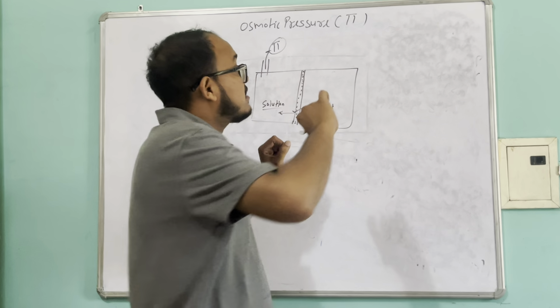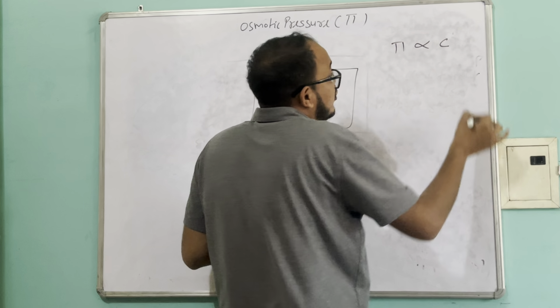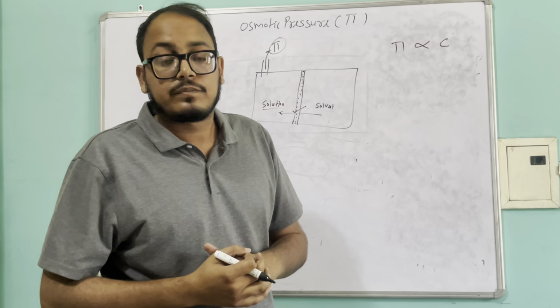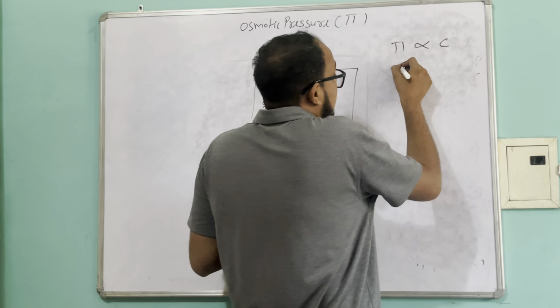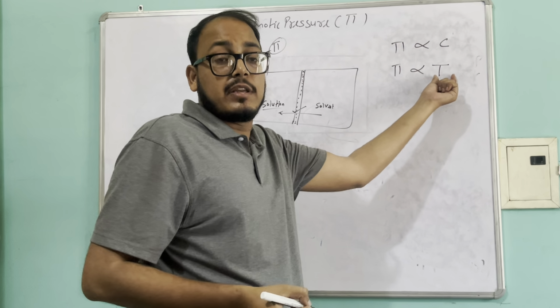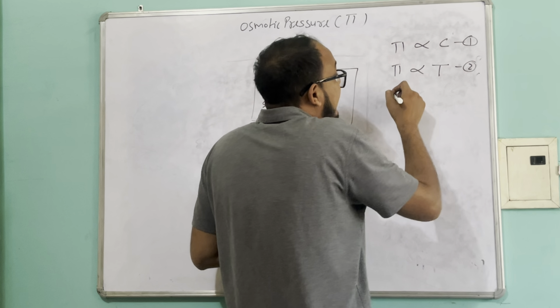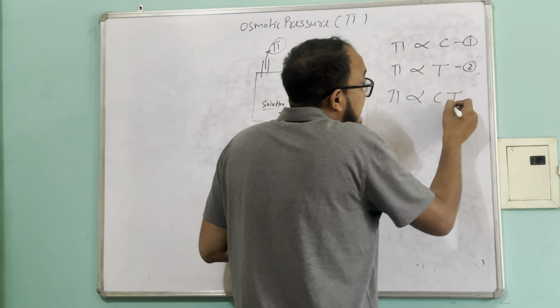From the experiment we can say that the osmotic pressure is directly proportional to the concentration. Again, the osmotic pressure is directly proportional to the temperature in Kelvin. Combining these two, pi is directly proportional to CT.